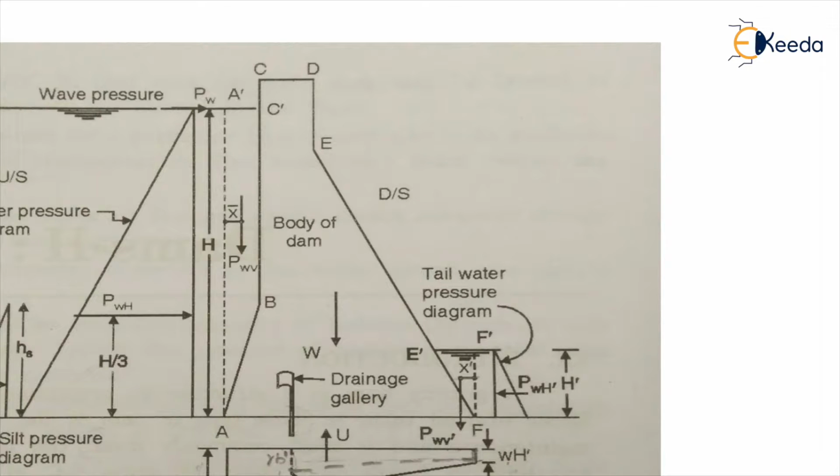In a typical cross section, the gravity dam may be straight in plan, or sometimes partly vertical and partly inclined. In this diagram you can see the section is partly vertical and partly inclined. Then here you can see there is a drainage gallery.